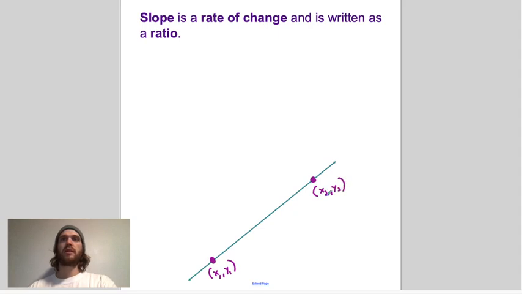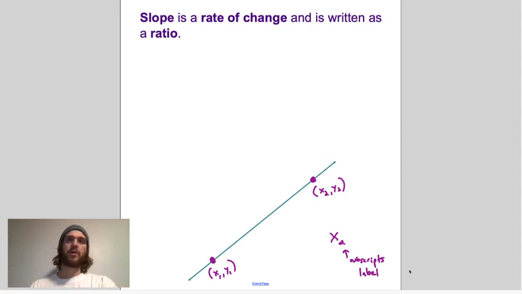That is the x value of point 2 and the y value of point 2. Now these little numbers down here are called subscripts. And a subscript is basically just a label. It has no mathematical merit.